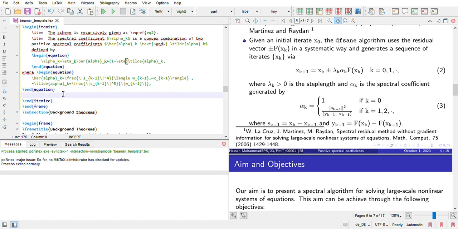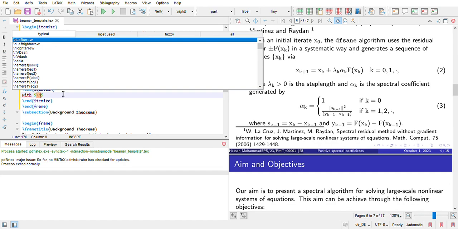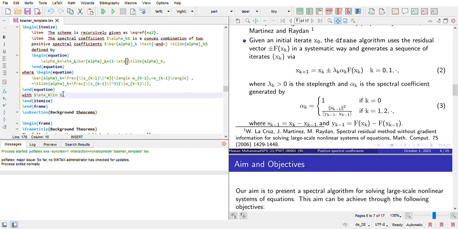We say where, or let's say with backslash eta_k in (0, 1). So eta_k is a positive number between 0 and 1, and w_k must be given in terms of an equation, a numbered equation.